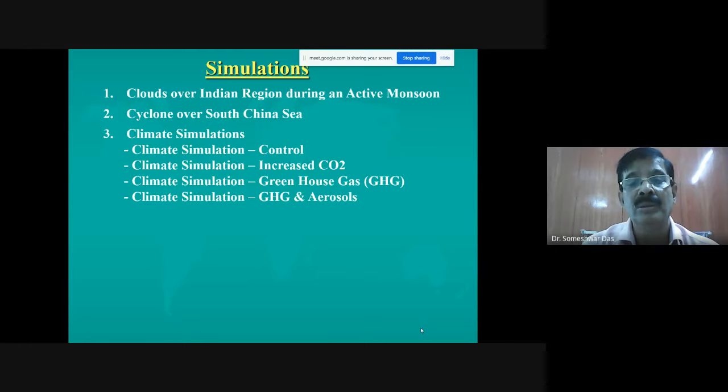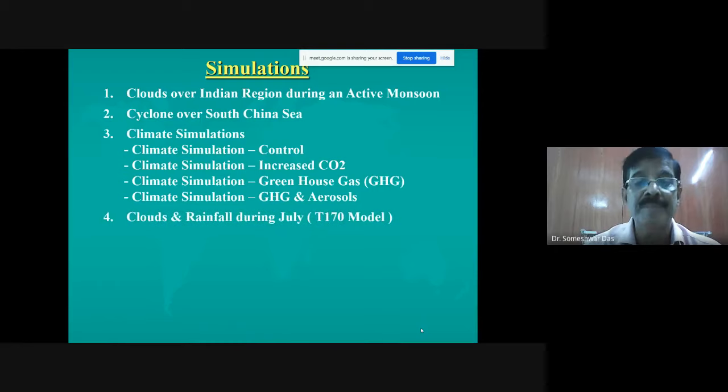So I'll show you how the simulations look when we increase the carbon dioxide in the model. The effects of greenhouse gases and aerosols on clouds and rainfall during July using a global T170 model. This T170 model is a spectral model, and I shall talk about spectral modeling later on in this subject.